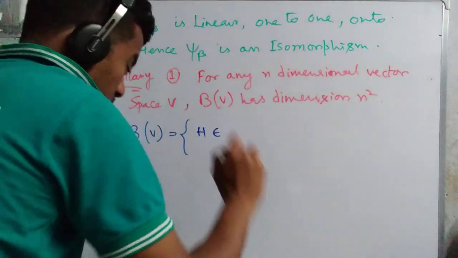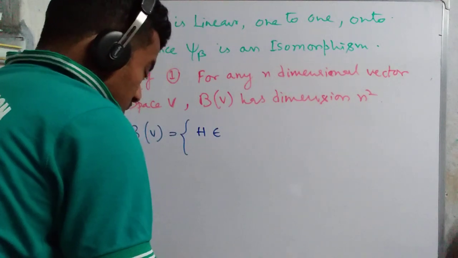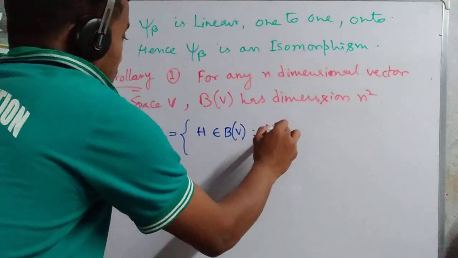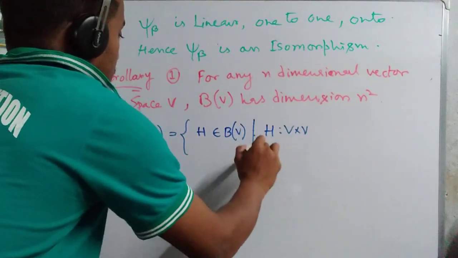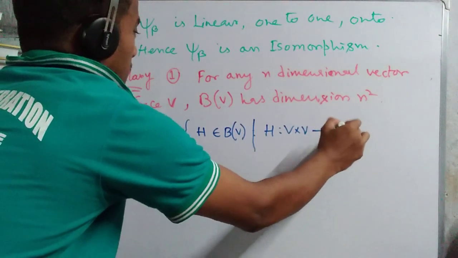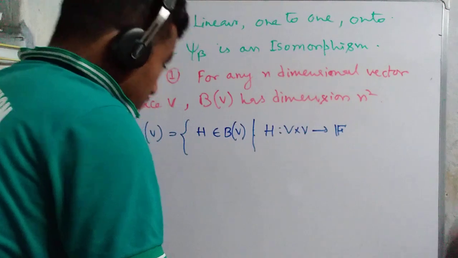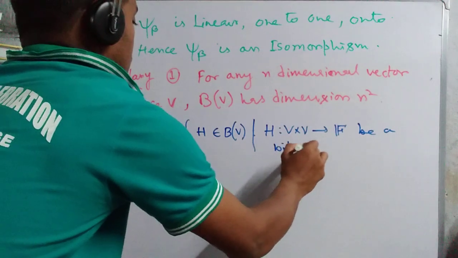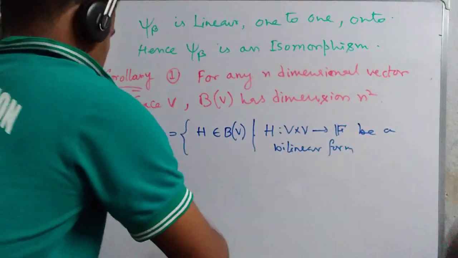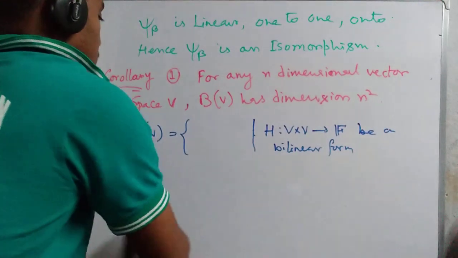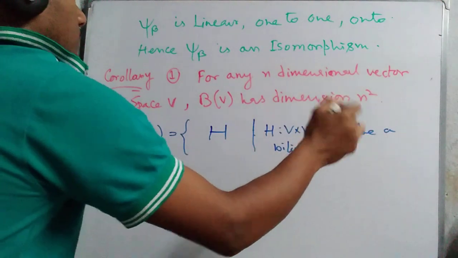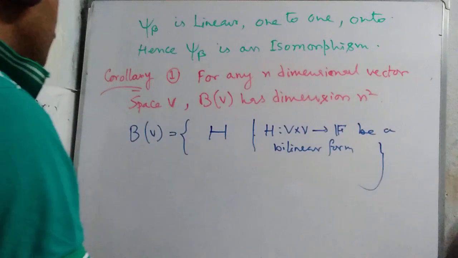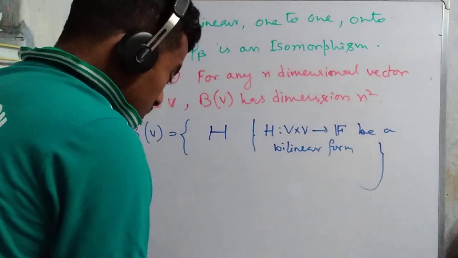That means H belongs to BV, such that H is a function from V cross V to F, and satisfies bilinearity. So H is such that this happens, and this is the set of all bilinear forms on V. Understood?